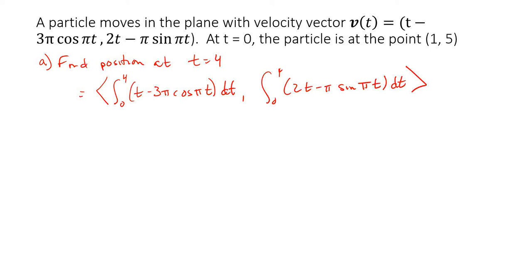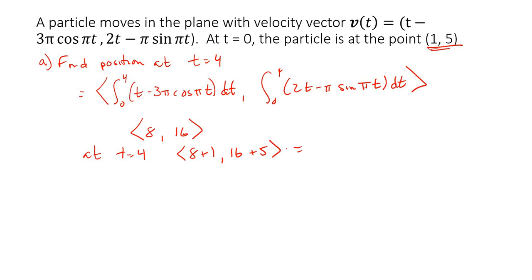And if you use your calculator, which you should, although it's not really that bad, we get 8, 16 as my displacement. And so at t equals 4, I am at 8 plus 1, 16 plus 5, taking into account my initial position.